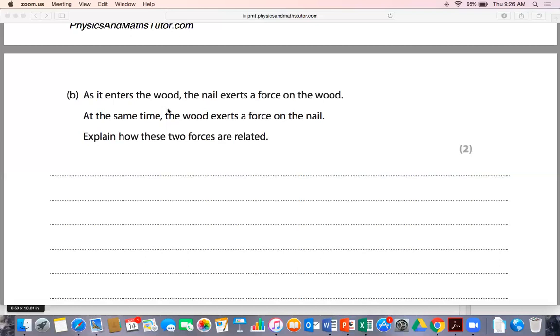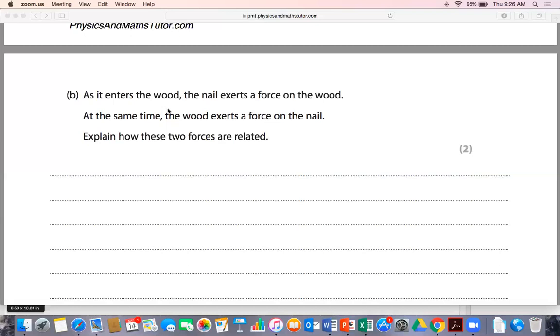So that's related to Newton's third law. Newton's third law says every action has an equal and opposite reaction. So this behavior of the wood exerting force on the nail is because of Newton's third law.